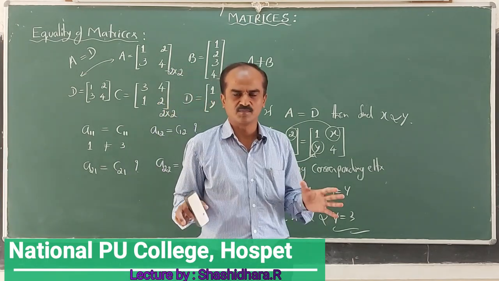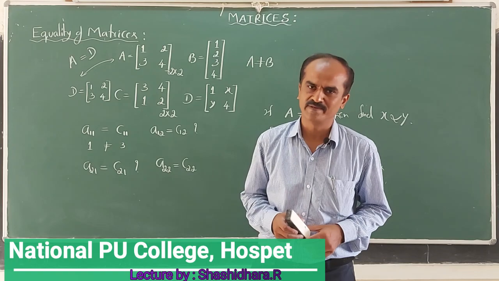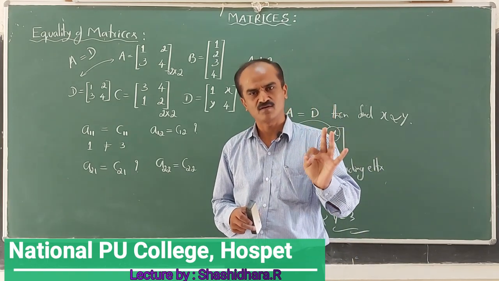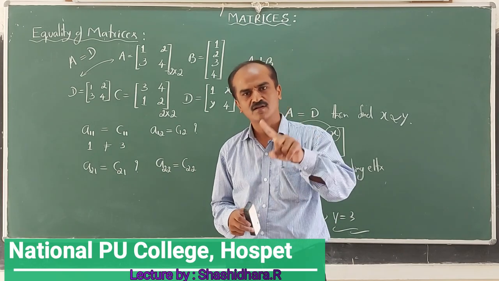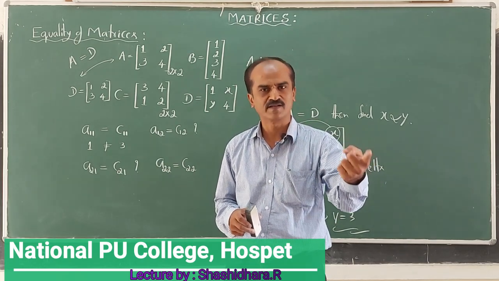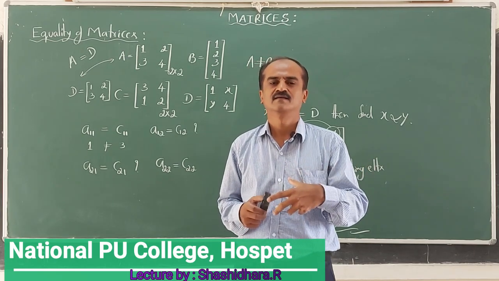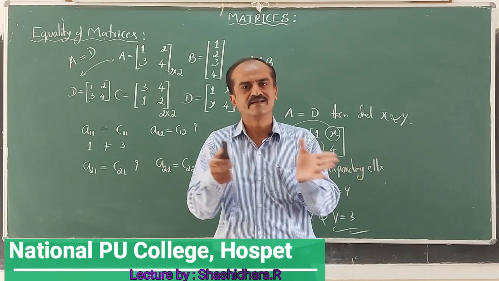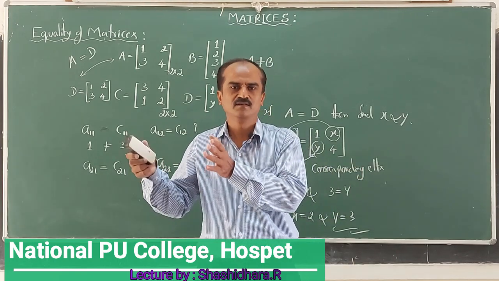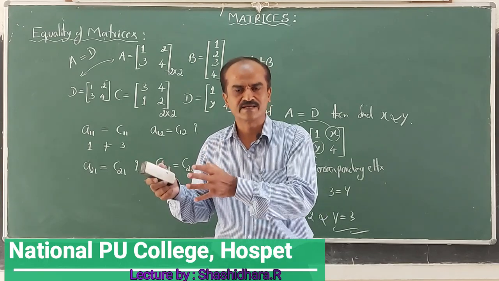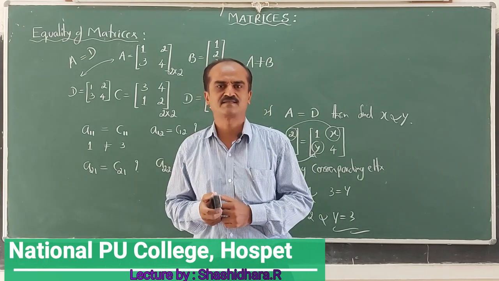So this is all about a little basic about matrix. We came to know what is meant by matrix, what is order of the matrix. When order of the matrix is given, it is possible to tell how many elements are there. When they are given how many elements are there in the matrix, it is possible to decide the possible orders of the matrices which contain the same number of elements.